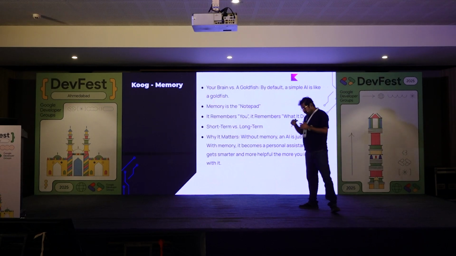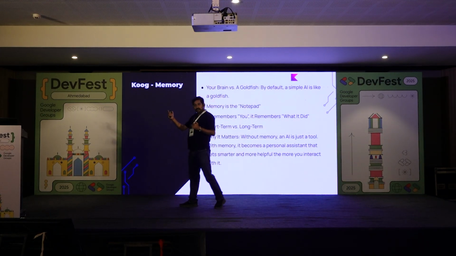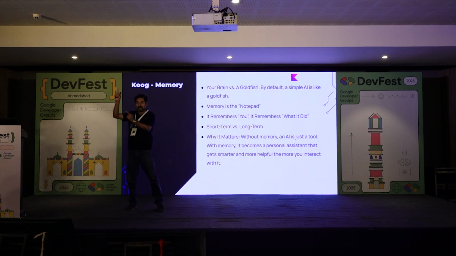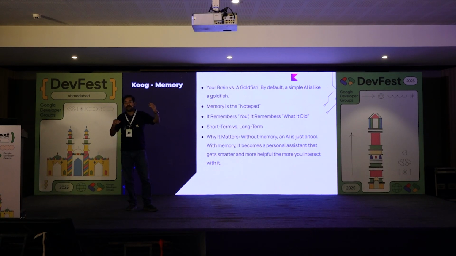So how it works is that every time your query is sent to the LLM, memory is also sent to the LLM. So the more memory you have, the more tokens you are using. What will happen? Cost. Both operational cost as well as money, right?